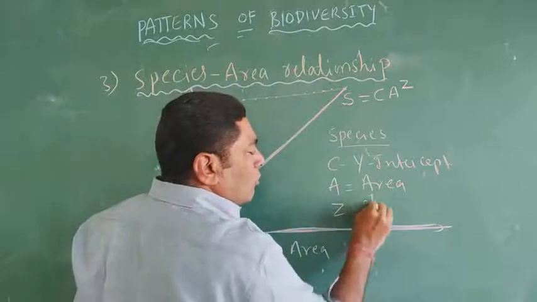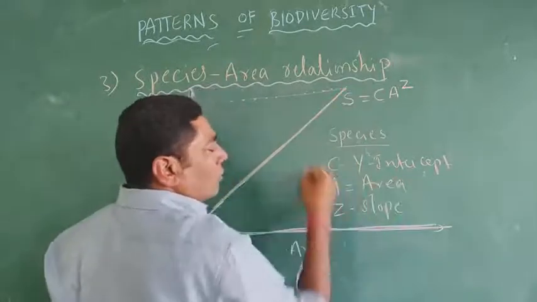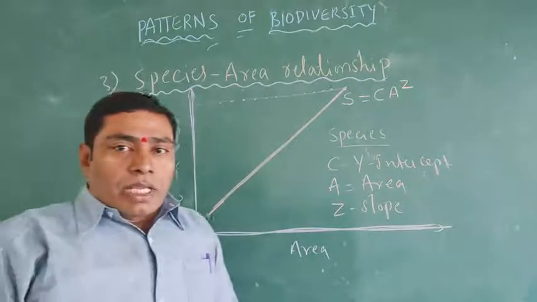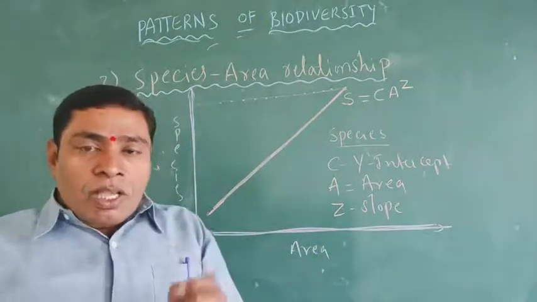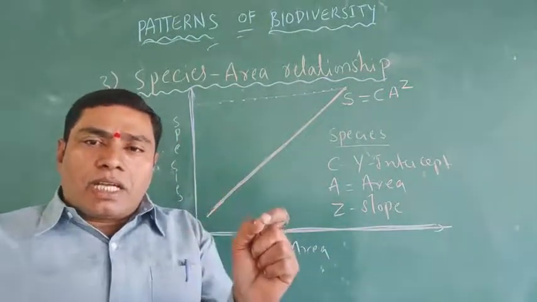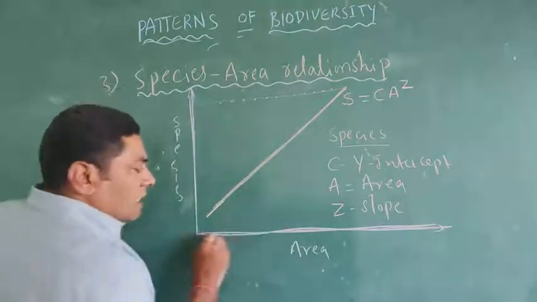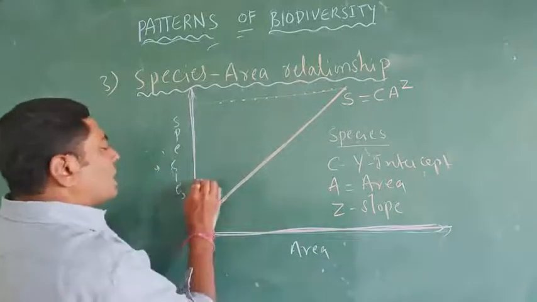Z means the slope of the growing line. So when the area increases, speciation also increases.